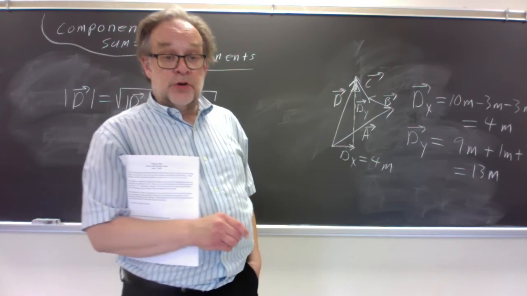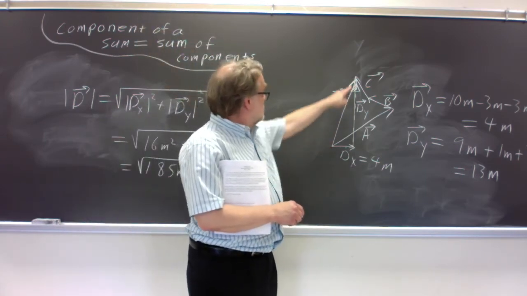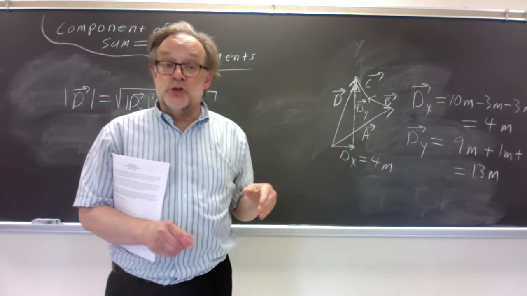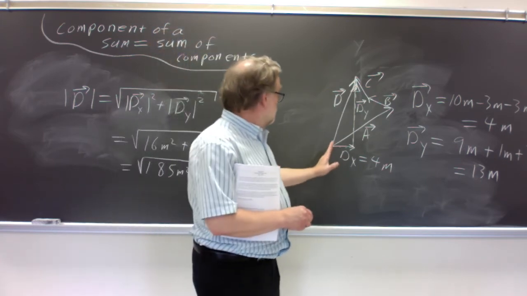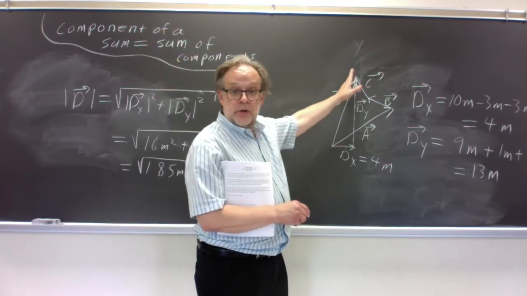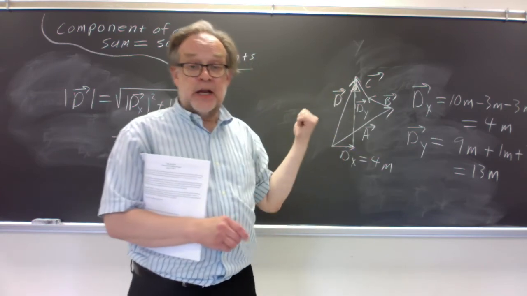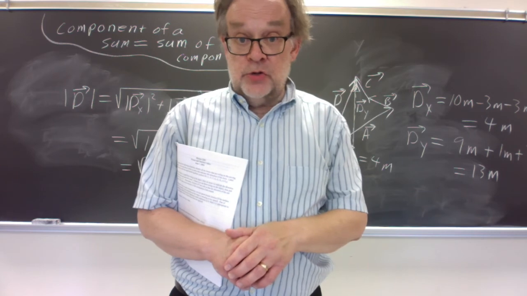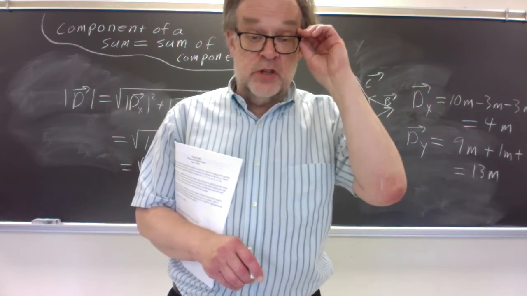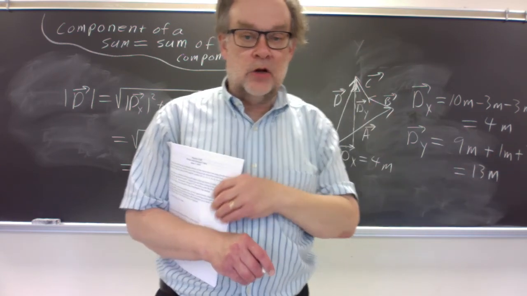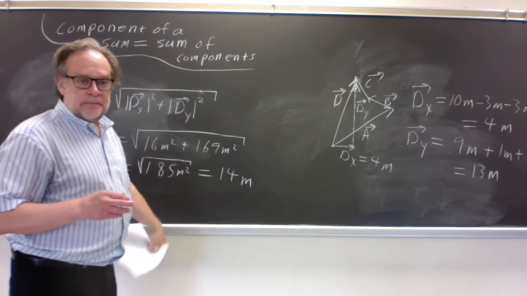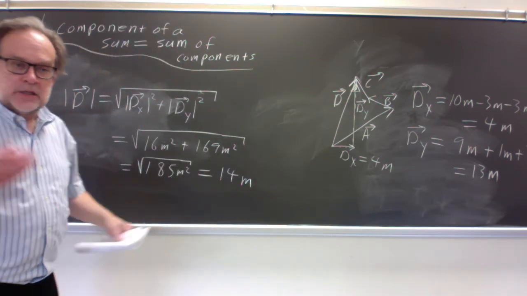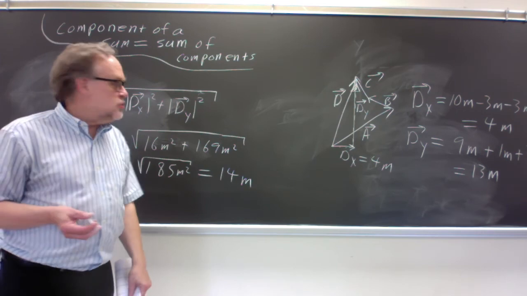And in order to get from this point to this point, in what direction do you have to move those 14 meters? In other words, what's the direction angle for that vector D? We figured out the magnitude of D. Now we need to figure out the direction for D by calculating the direction angle. And of course, like you did in class the other day, it's a matter of using tangent.